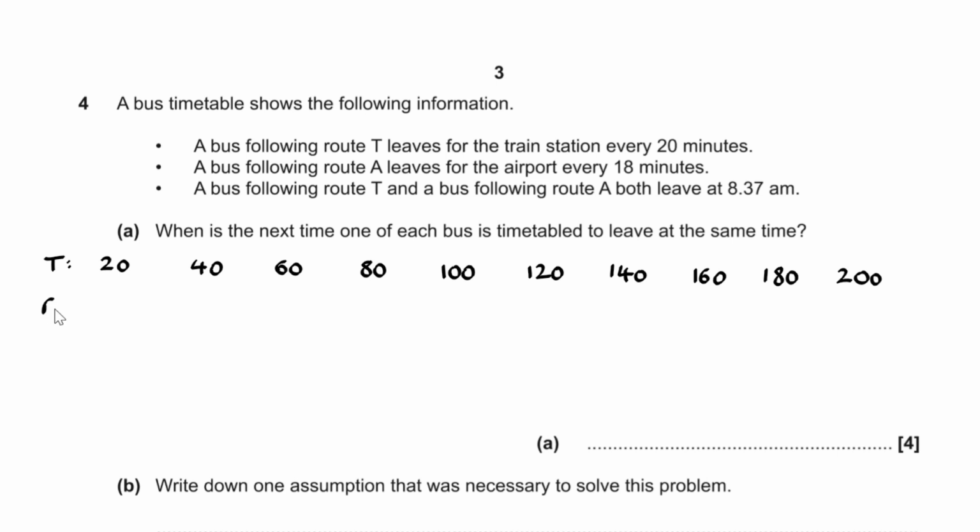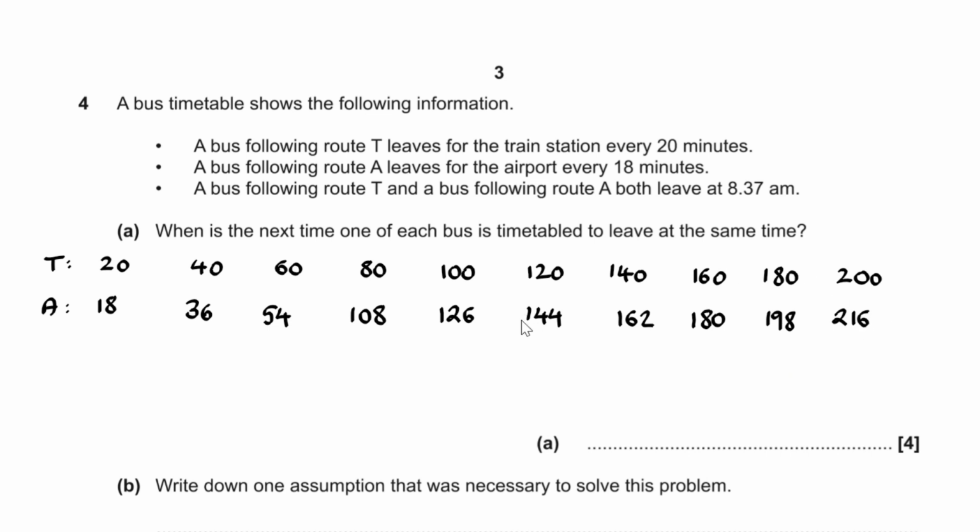And if we list the multiples for route A, we have 18, then we have 36, then we have 54, and if I add 18 to this, we end up with 108, and then if I add 18, we have 126, adding on another 18, we have 144, add on another 18, we have 162, add on another 18, we end up with 180, another 18, we have 198, and another 18, we have 216.